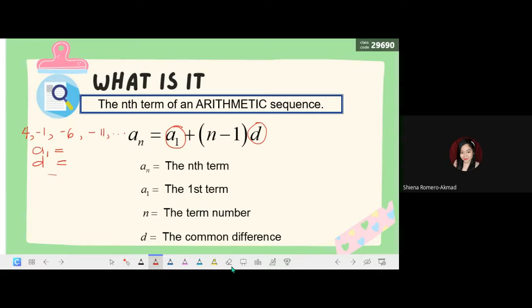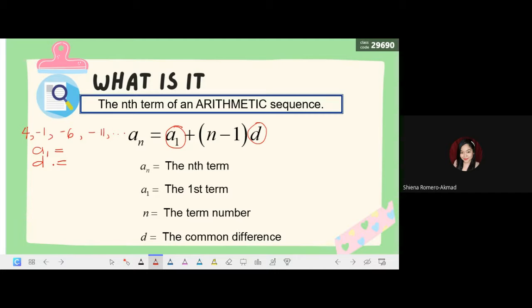Pag nakuha niyo yung dalawa na yan, makakapag-form na kayo ng general term para dyan sa sequence na yan. Okay? So, what is the common difference? Ano po yung common difference nito?